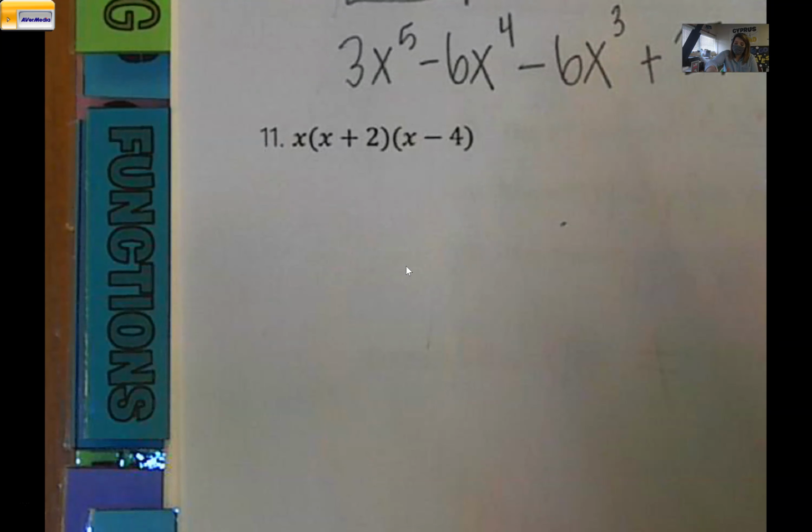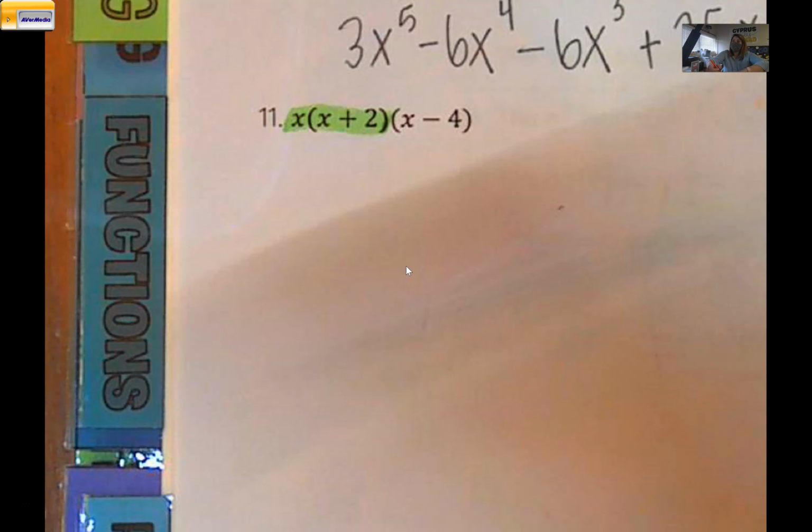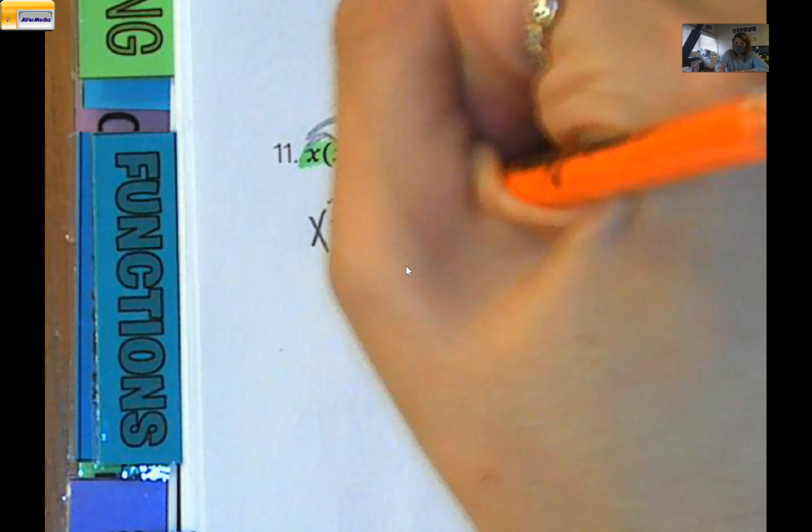I'm going to highlight those. So what you start with is the first 2. So that's just a basic multiply situation or distributing situation. And we get x squared plus 2x.